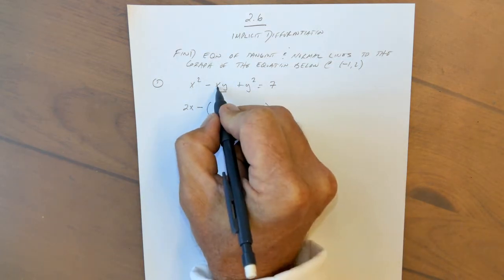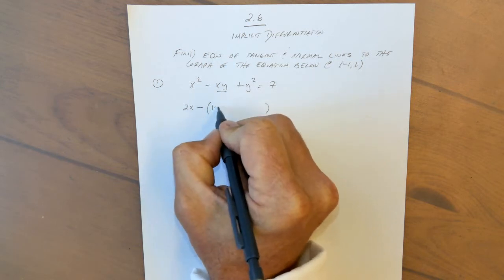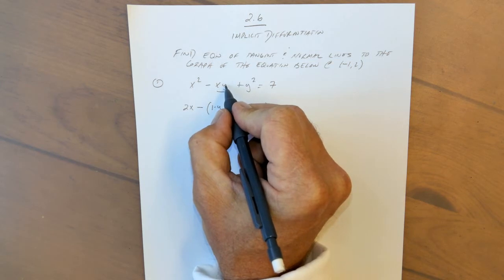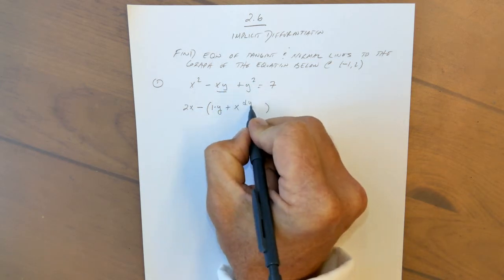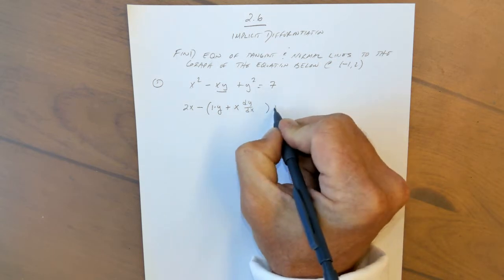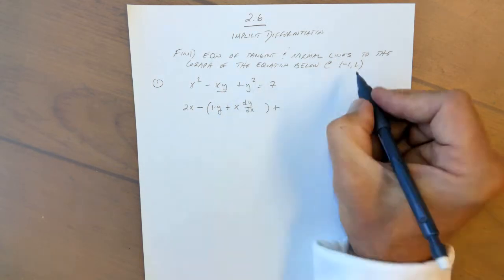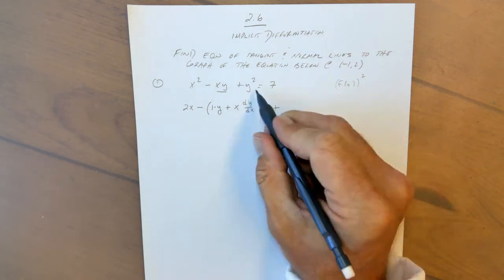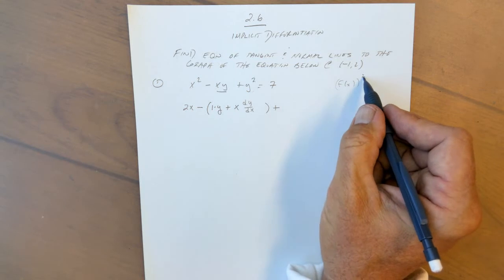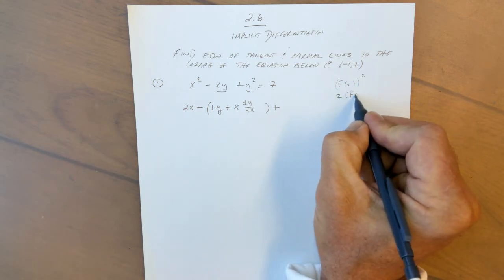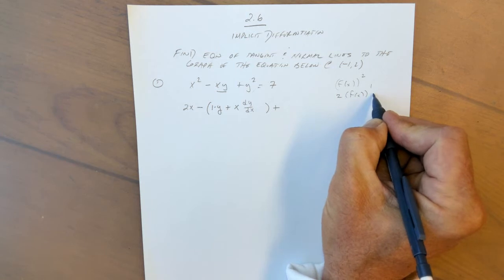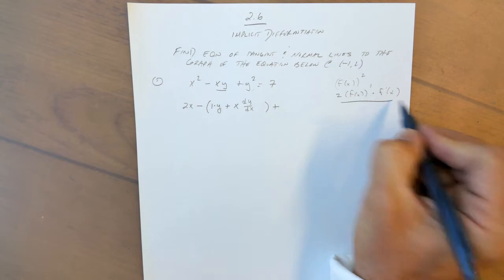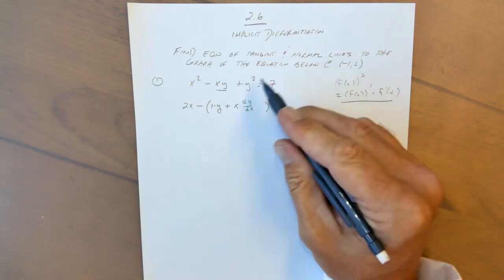So we have the derivative of x, which is 1 times y, plus, now we have x, and the derivative of y will be y prime, or dy/dx, plus, now here, if I wrote this as f of x squared, right, because y is equivalent to f of x, the derivative here would be 2 times f of x to the first power times, using our chain rule, the derivative of the inside, which is f prime of x. So that's in essence what we're going to do every time we see a y.